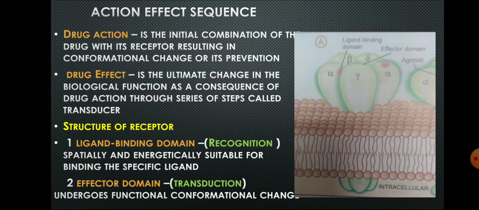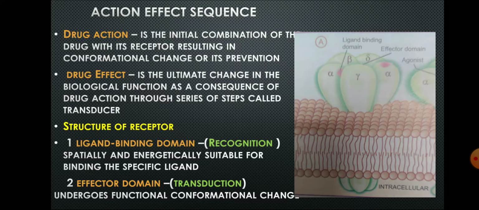Now if we look at the structure of the receptor, it has two domains: the ligand binding domain and the effector domain. As you can see in the figure, we have two domains here. The ligand binding domain is used for recognition.